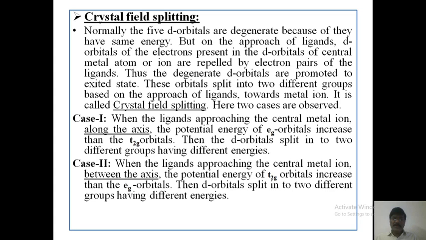So when ligands approach the central metal atom along the axis, the eg orbitals rise above the t2g orbitals. Then the d orbitals split into two different groups having different energies.